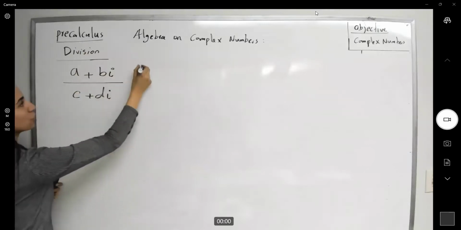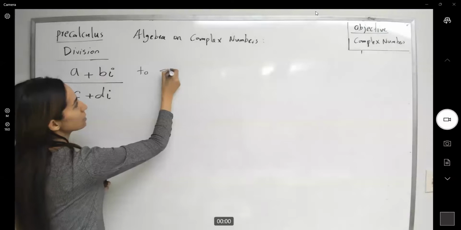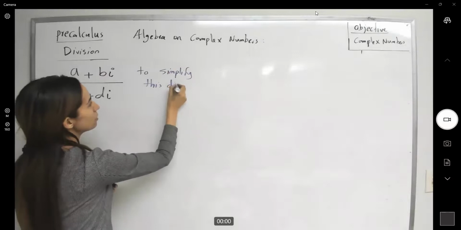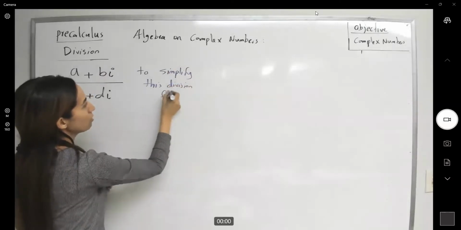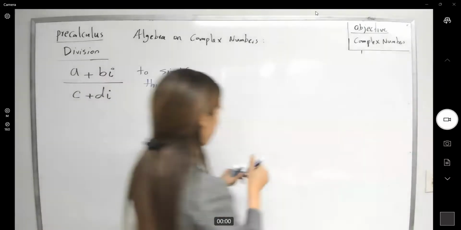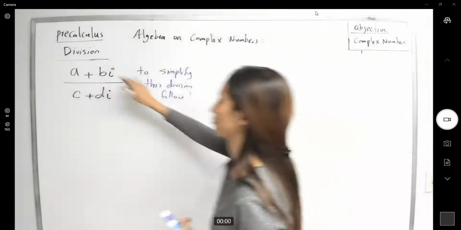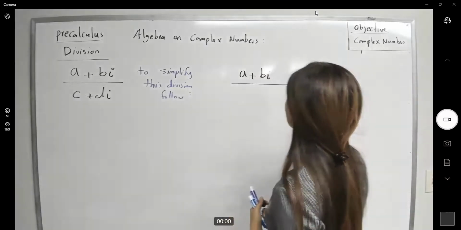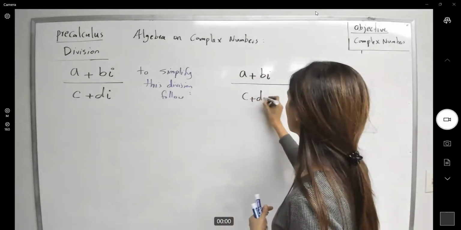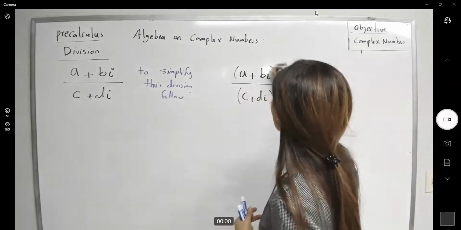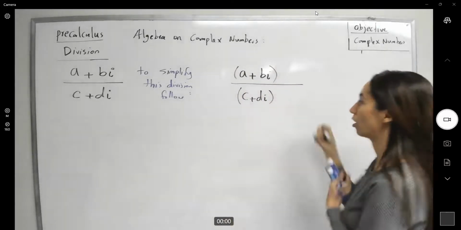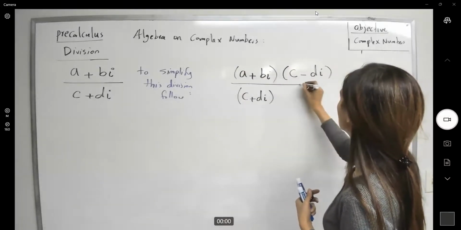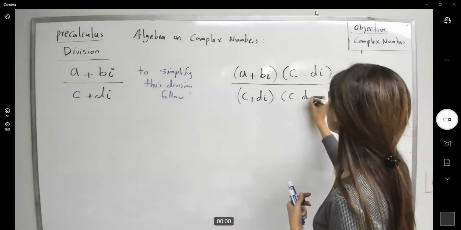So, to simplify this division, follow. You take your fraction, a plus bi, divided by c plus di, and multiply it by the conjugate of the denominator, c minus di.